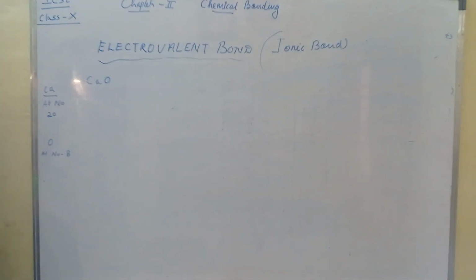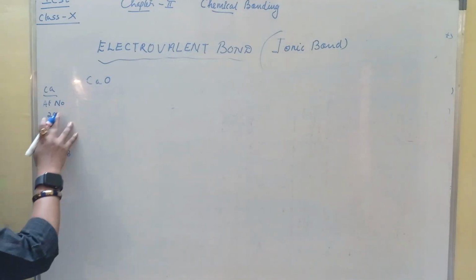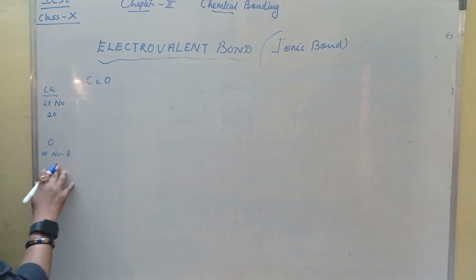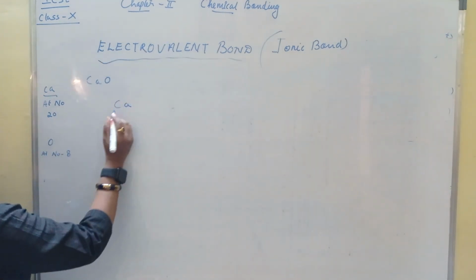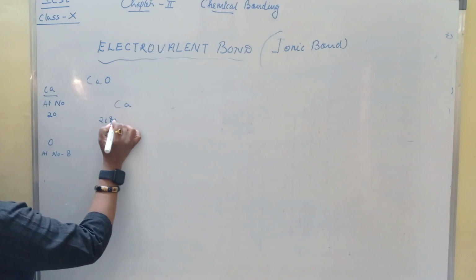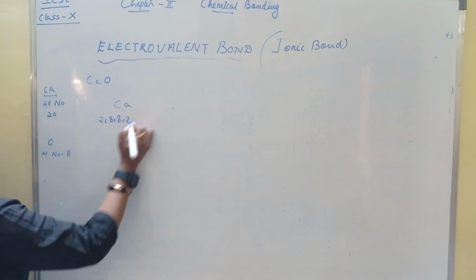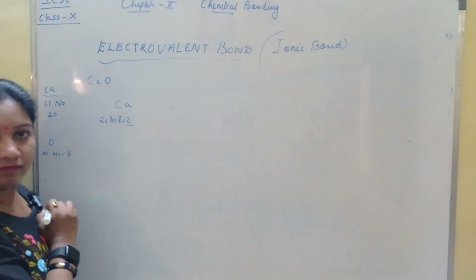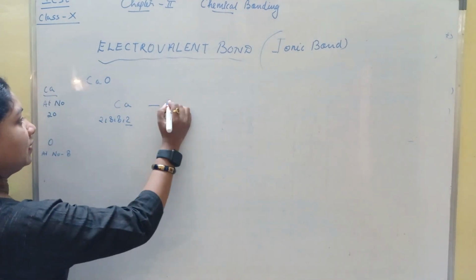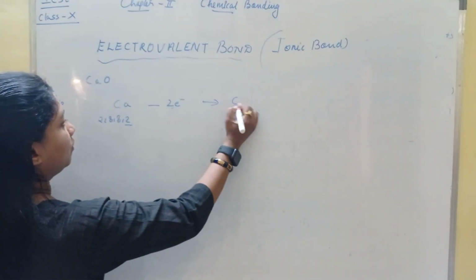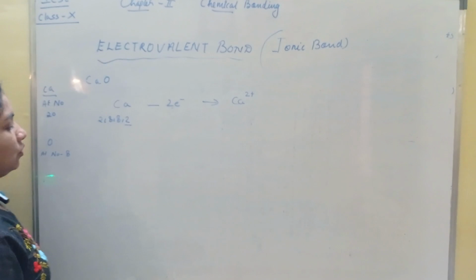So this much is clear. Calcium's atomic number is 20, oxygen 8. Calcium, if you see the configuration, it is 2 8 8 2. That means 2 electron extra in the valence shell. So again, it gives 2 electron and forms calcium 2 plus.